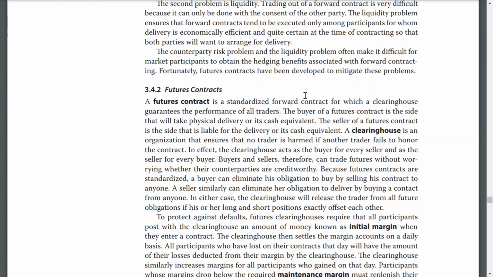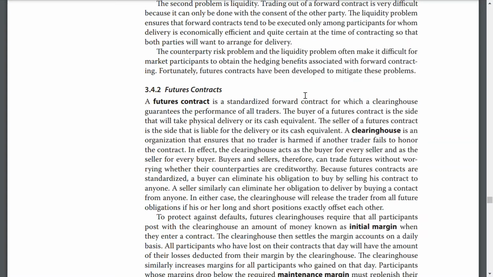A clearinghouse is an organization that ensures that no trader is harmed if another trader fails to honor its contracts. In effect, the clearinghouse acts as the buyer for every seller, and as the seller for every buyer. Buyers and sellers therefore can trade futures without worrying whether the counterparties are creditworthy.